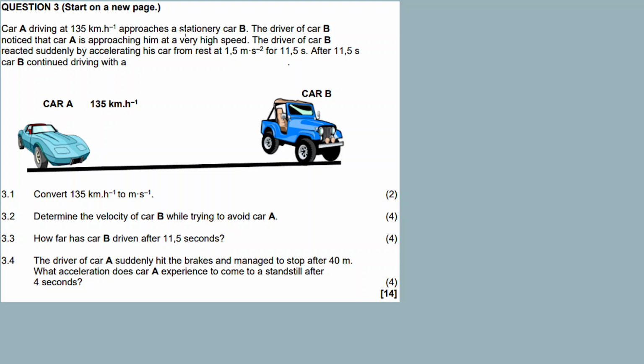Then the driver of car B reacted suddenly by accelerating his car from rest at 1.5 for 11.5 seconds, and after 11.5 seconds car B continued driving with A.